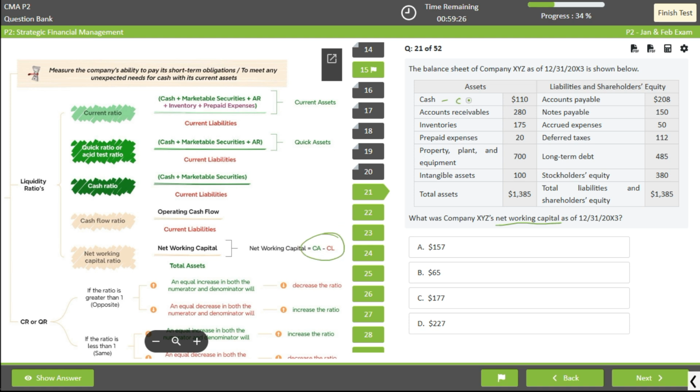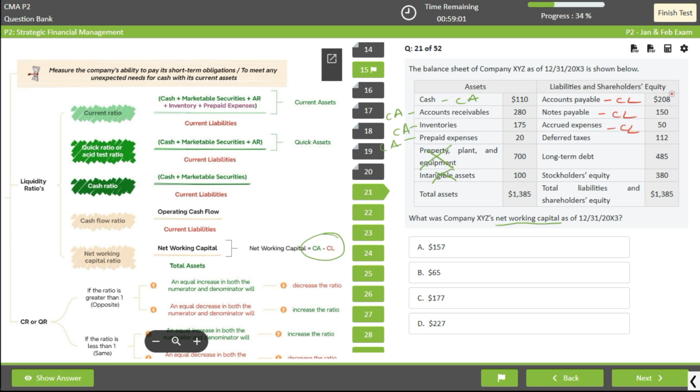Cash is a current asset, accounts receivable is a current asset, inventory is a current asset, prepaid expenses is a current asset. Property, plant and equipment, no. Intangibles, no. Now we have accounts payable. So let us mark the current liabilities. Accounts payable, notes payable and accrued expenses are current liabilities.